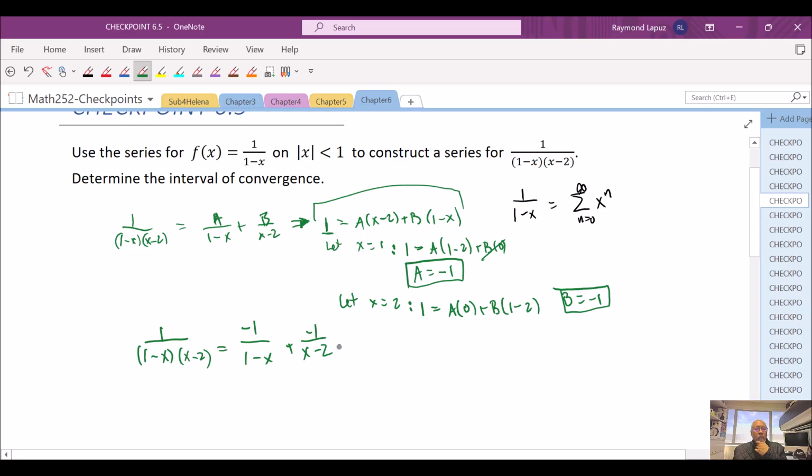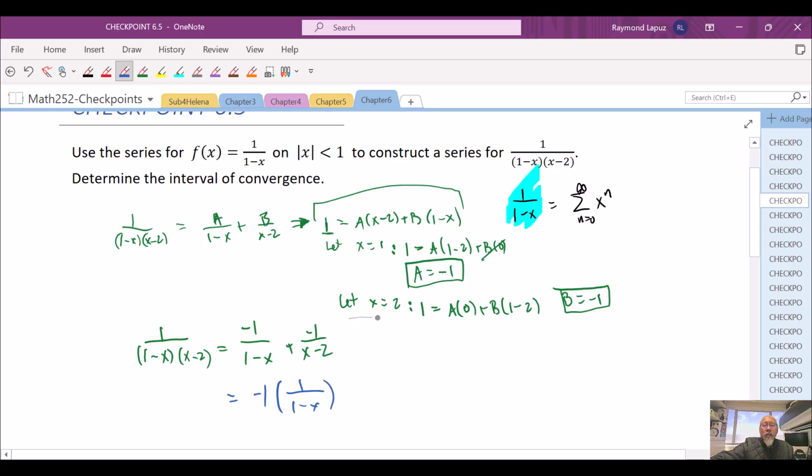Now we want to find how we can make this into a series that looks like this. The first one will just be a negative 1 constant sticking out, but we need to do a little more work for the second one. So this is negative 1 times 1 over 1 minus x.